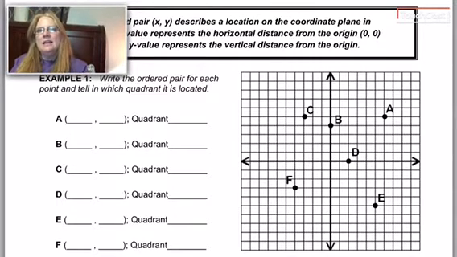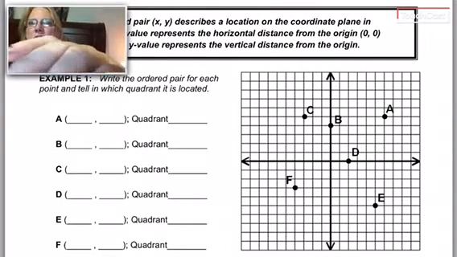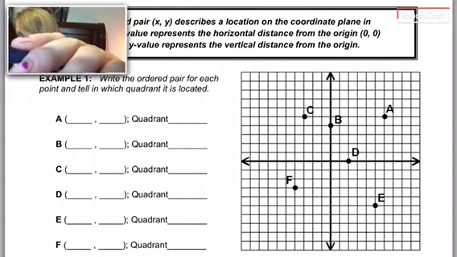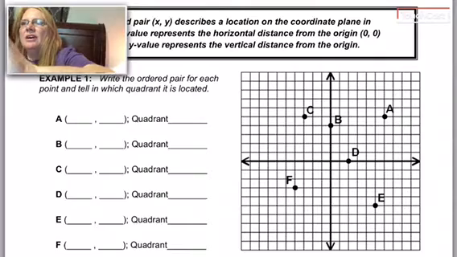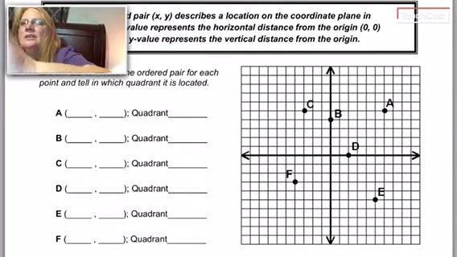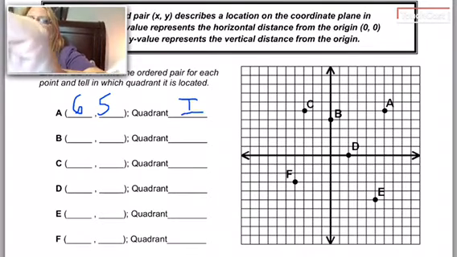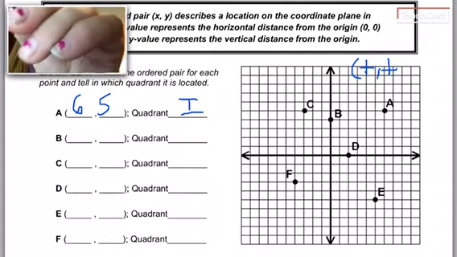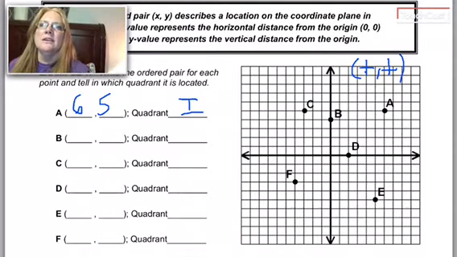Point A, if you count over on your x to the right and go up, is 6, 5, and that is in quadrant 1.